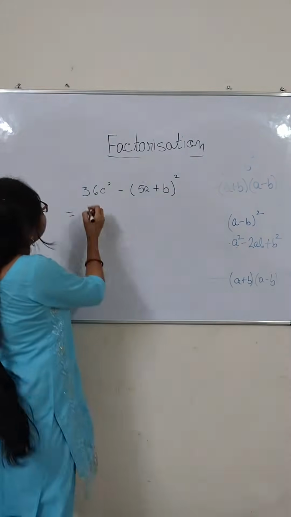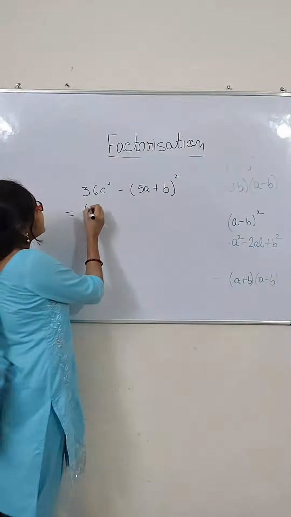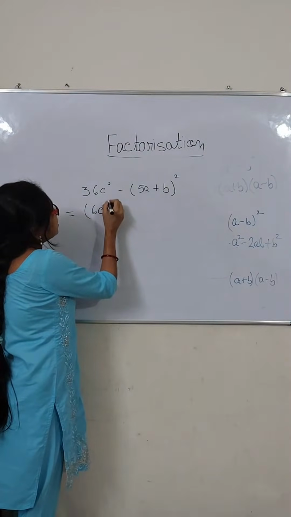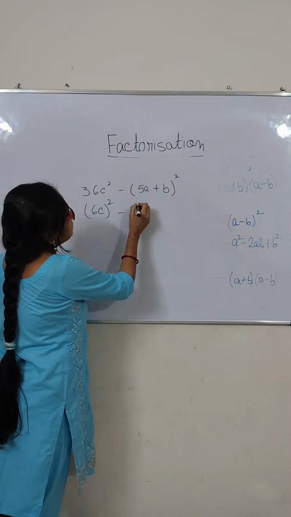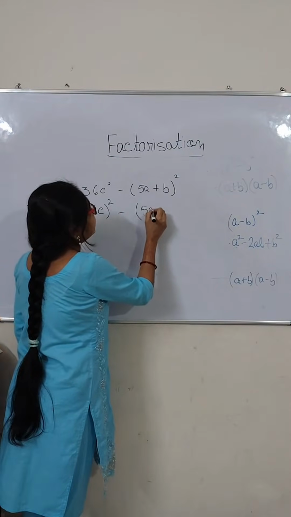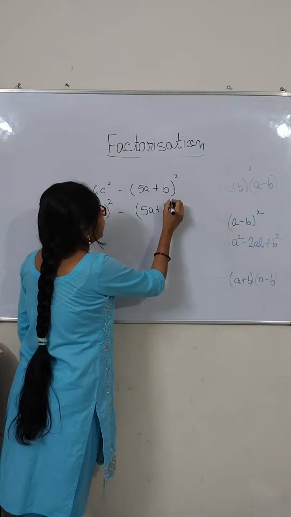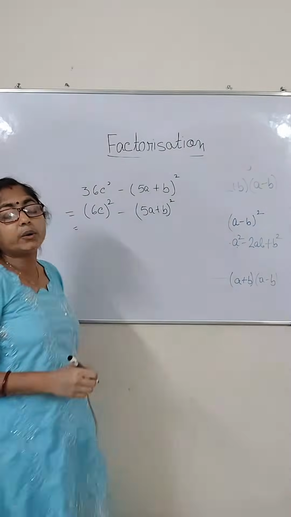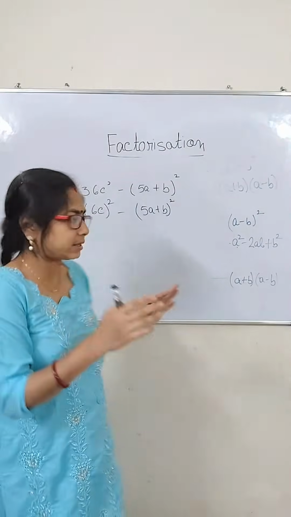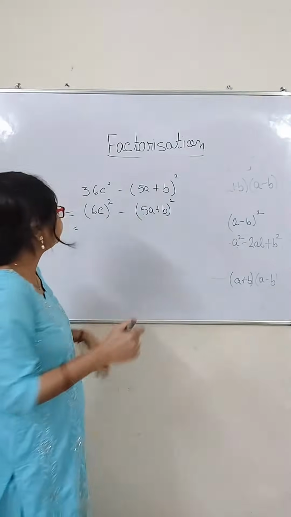What you are doing: 36 means 6 whole square. Next, this one you can write. Now you use a second bracket because there is a sign.